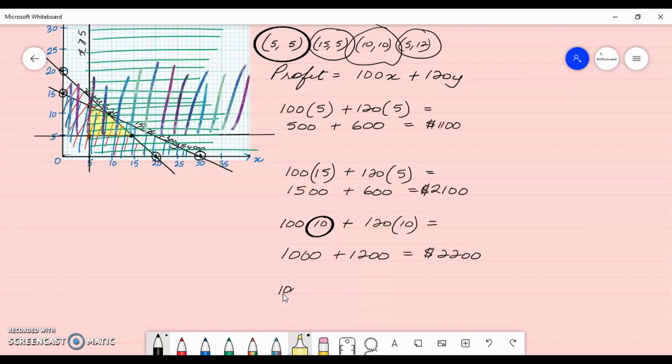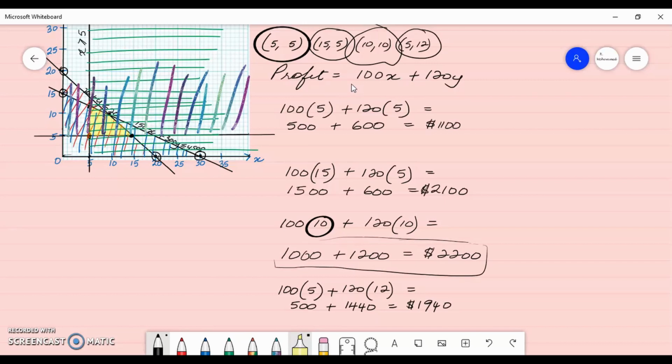We are going to substitute that. Remember we are looking at the profit equation: 100 multiplied by 5 plus 120 multiplied by 12. So we are going to get 500 plus 1440, and that is going to be 1940.